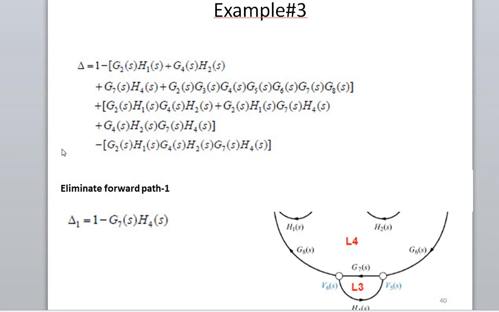This is our delta. So we have the equation C by R is equal to P1 delta 1 by delta. Since we have only one forward path, the equation will be P1 delta 1 divided by delta. So we already got P1, the first forward path, and we also got delta, that is the determinant or characteristic equation.